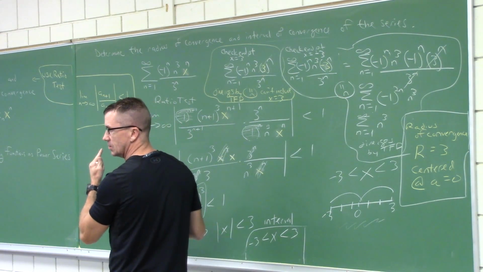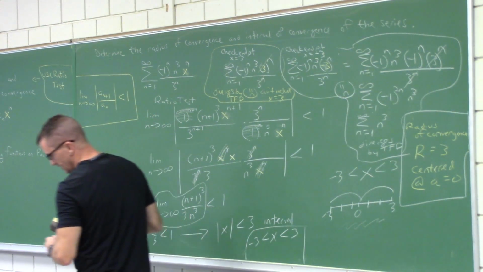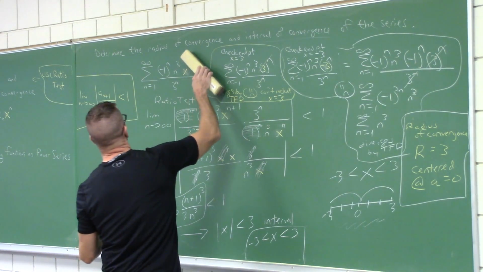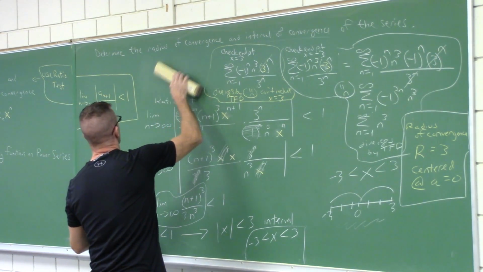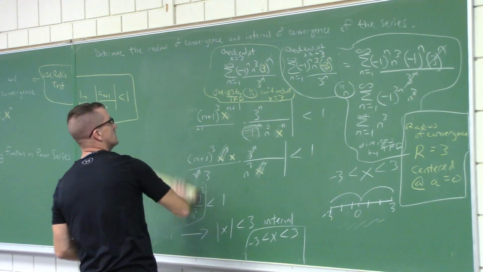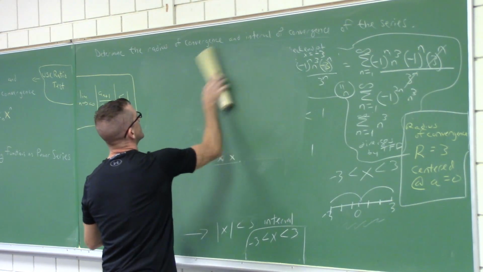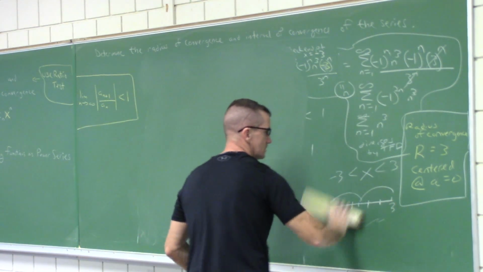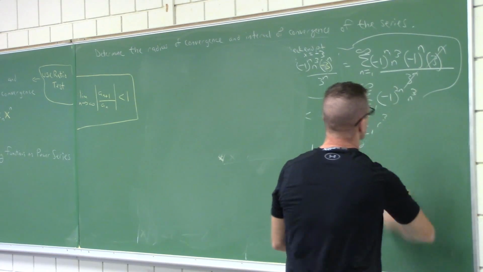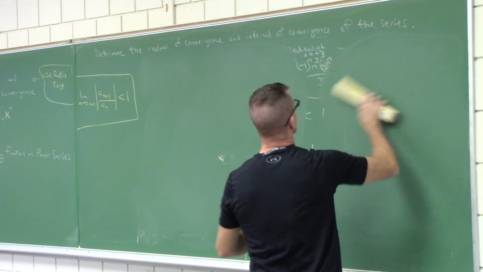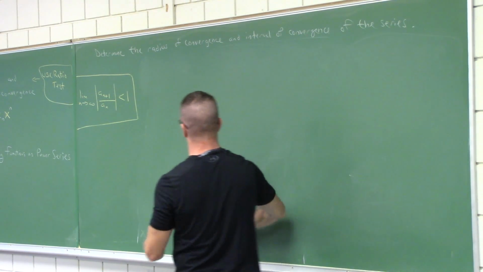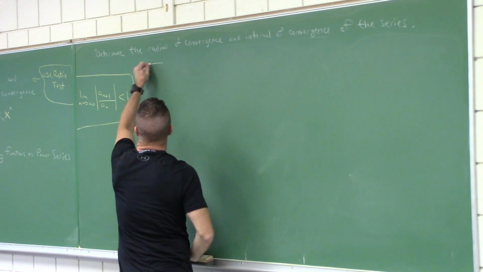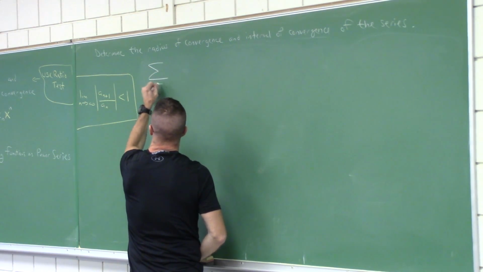So all I'm going to do in this problem, everyone, is change little things. Maybe this one doesn't have a negative 1 to the n. Need the directions. We'll figure out the radius. All right, here you go. Power series.